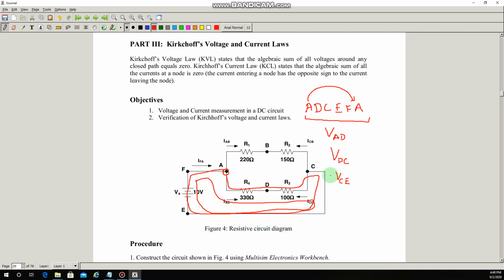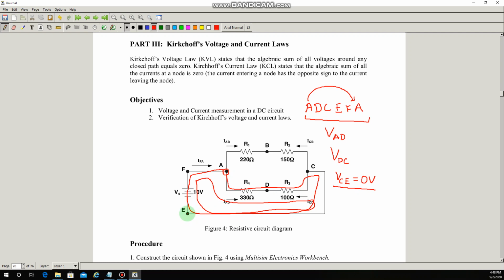Because there is no component in between C and E. So if we come across such a situation, then we can easily say that this voltage is equal to 0 volts. So VCE will be equal to 0 volts because there is no component in between, and for all practical purposes, both C and E are two names for the same node.